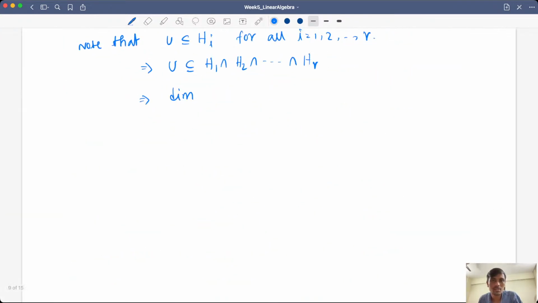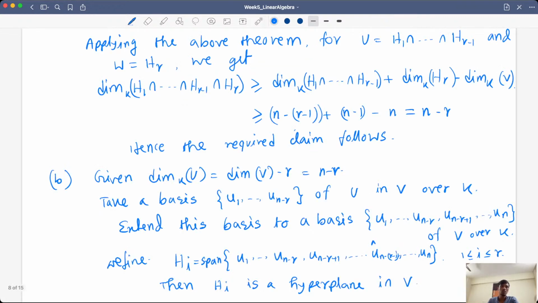Already I know, by the previous part, that the dimension of H1 intersection H2 intersection Hr over K is greater than or equal to n minus r. Here also we are getting that U has dimension exactly n minus r.